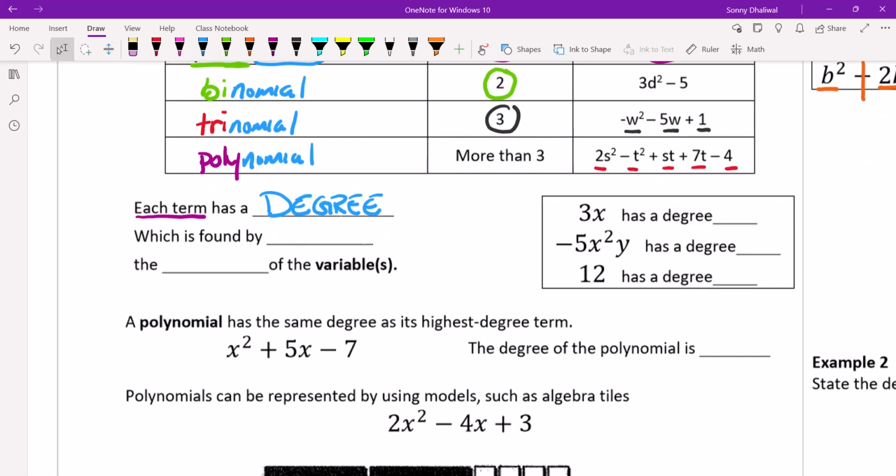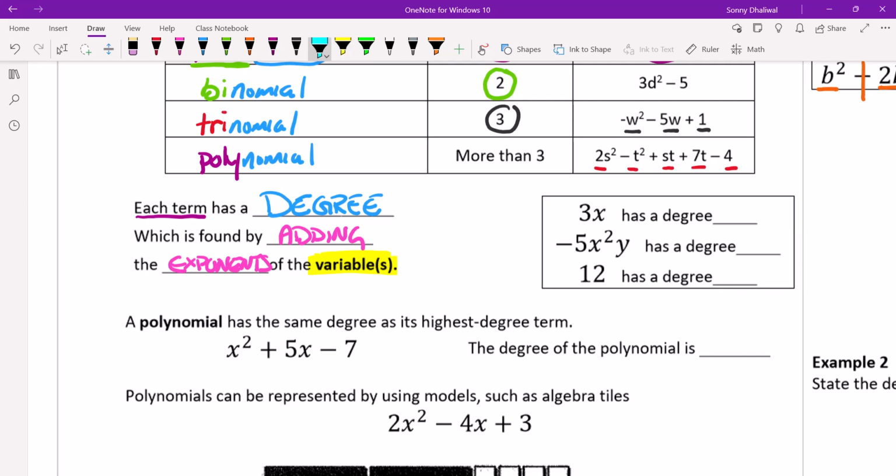By adding the exponents of the variable. Right? So a term has a degree, we add the exponents. So for example, we have this term here. We look at the variable, which is the letter.